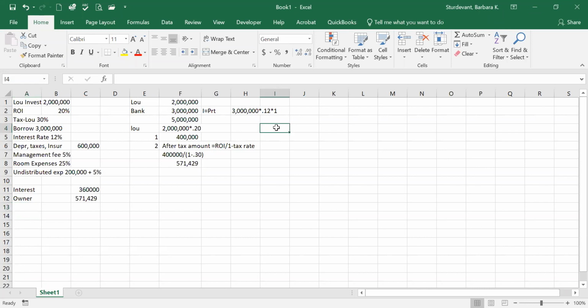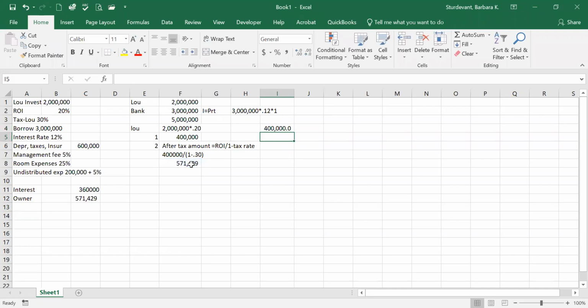So if I take that number times 0.7, if I take off 30%, see what I get? If I figure out what the 30% is and subtract it off, I get the $400,000, which is what he wanted. Questions?